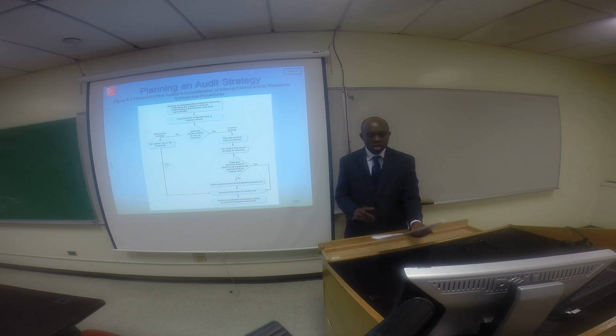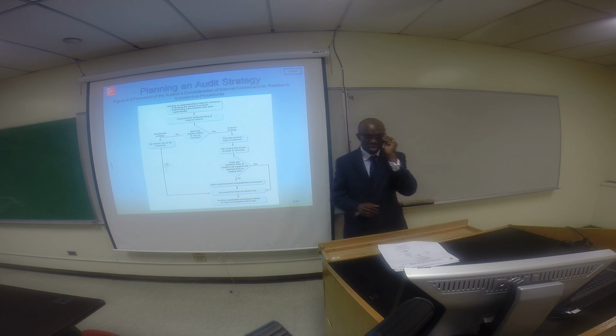Then number 2, the auditor needs to set control risk based on the test of controls. Now the question is, does the achieved level of control risk support the planned level of control risk? If the answer is yes, then the auditor needs to document the level of control risk and perform the detailed tests as planned.